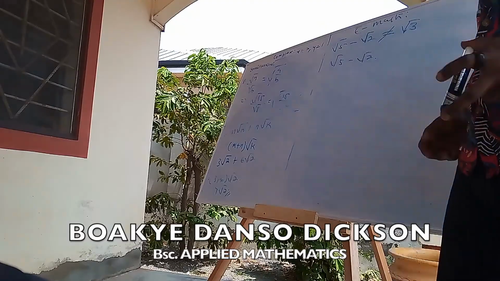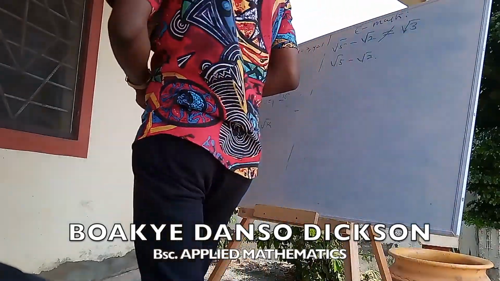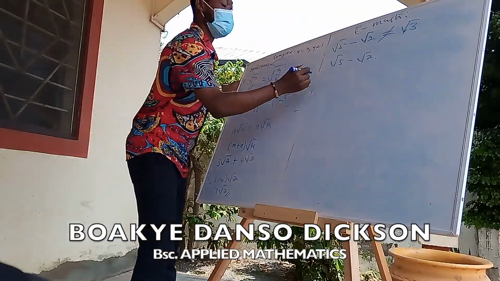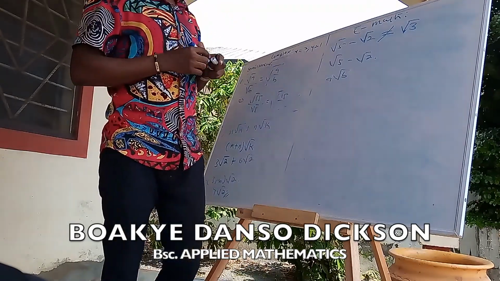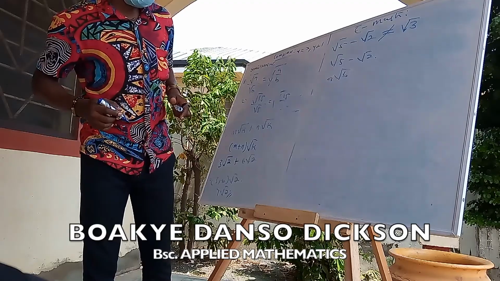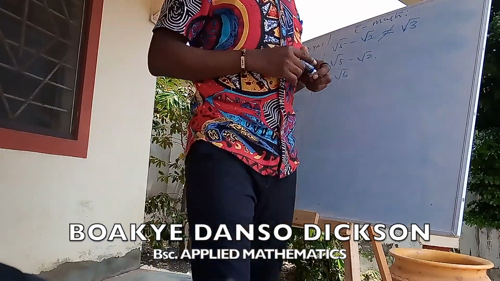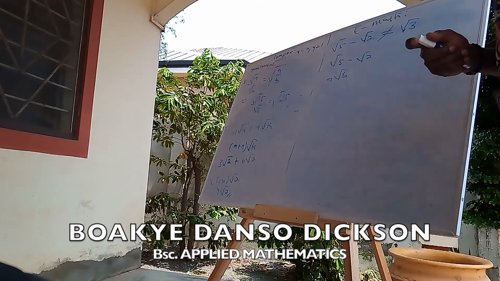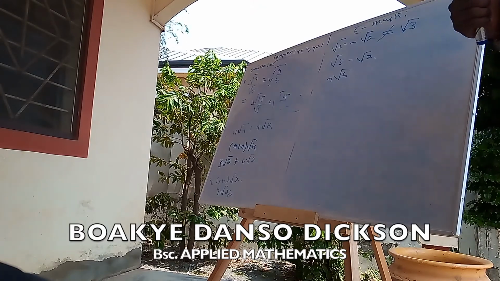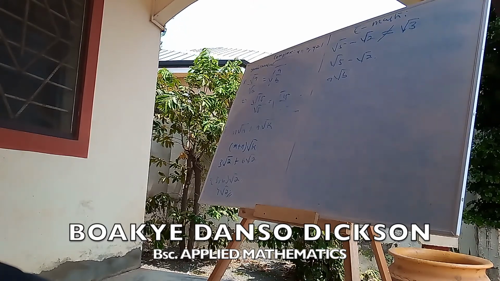Now, you have a√b. Good. It is said to be in the basic or simplified form if b has no perfect square as a factor.